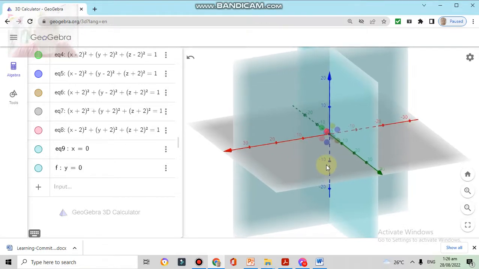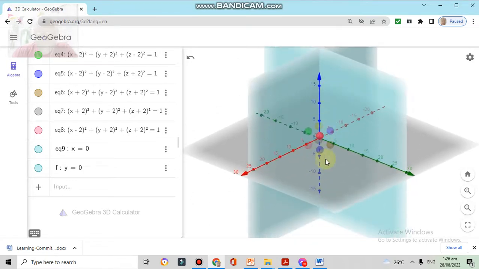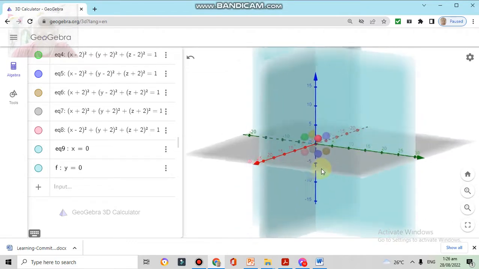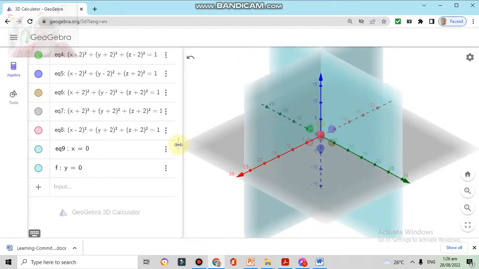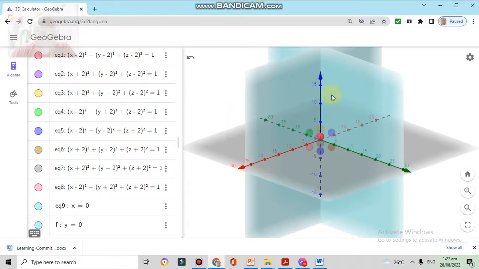Now let us consider the balls. Do you see this red ball floating here? The subspace containing the floating red ball we call the first octant.